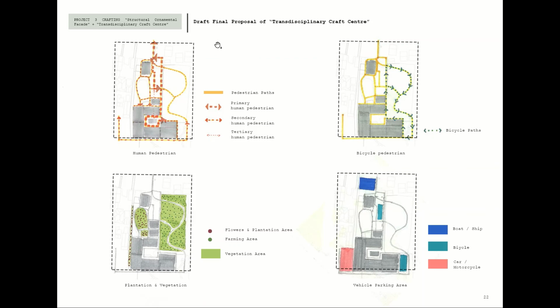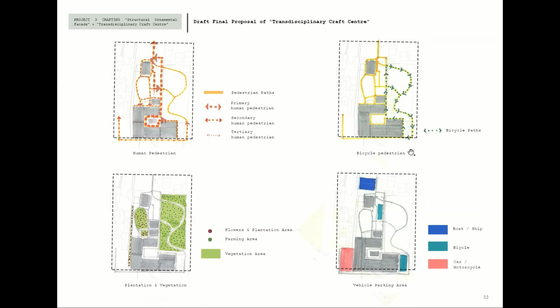primary pedestrian from the main entry to the craft center, secondary from the housing area to the craft center and around the flower garden, and tertiary human pedestrian at the farming area, at the bicycle pathway, like a small path for human walkway.